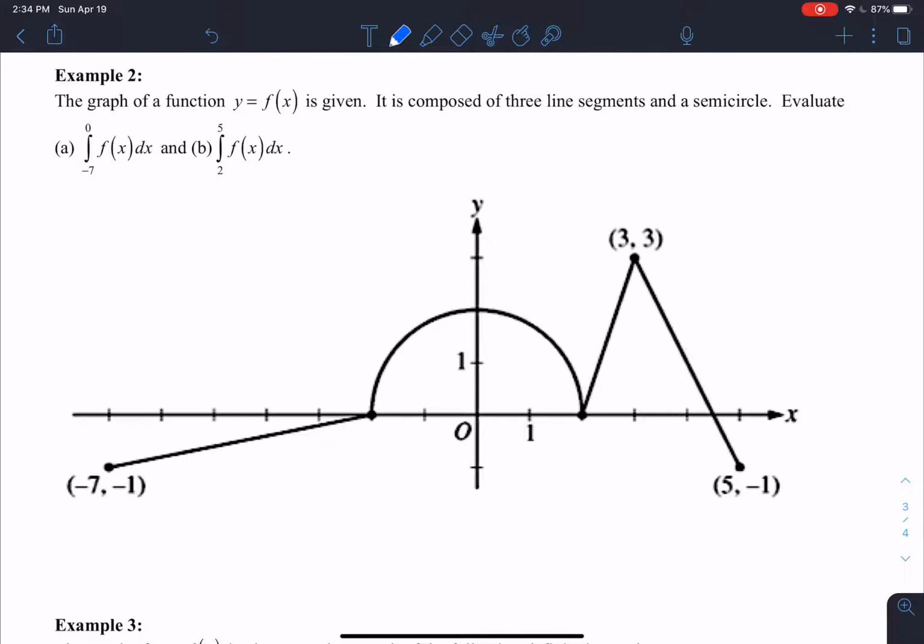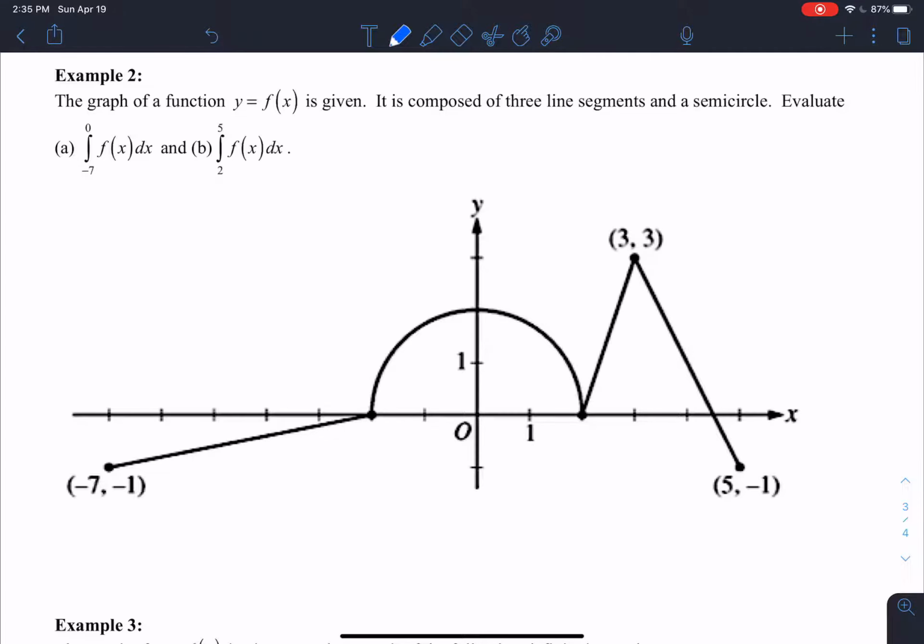Okay, so for number 2, we have a graph, and it says evaluate from -7 to 0, and then from 2 to 5. Now because you don't have an equation, what you're going to have to do is use some geometry to figure out the areas.